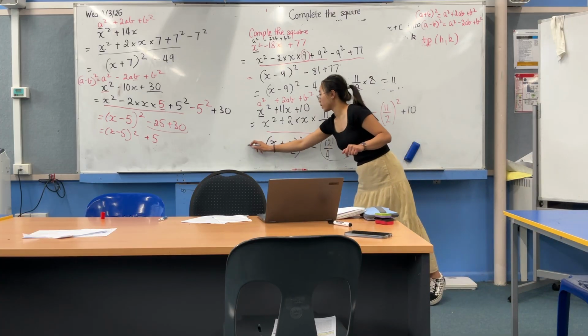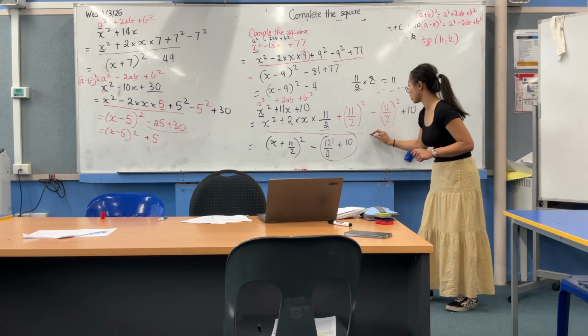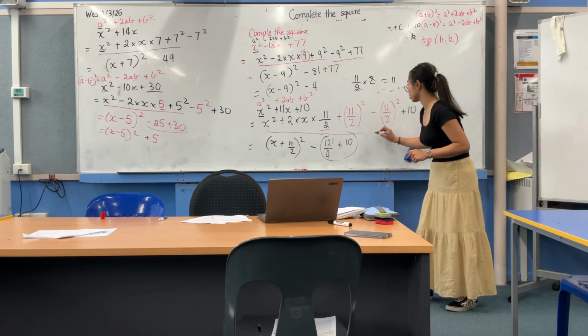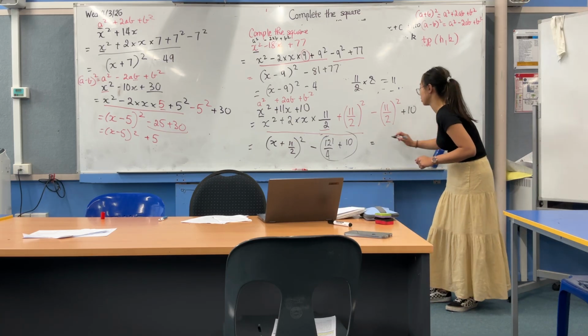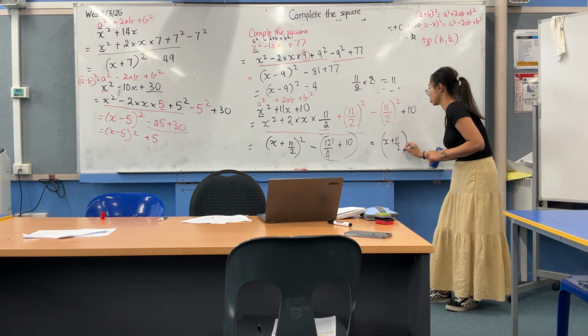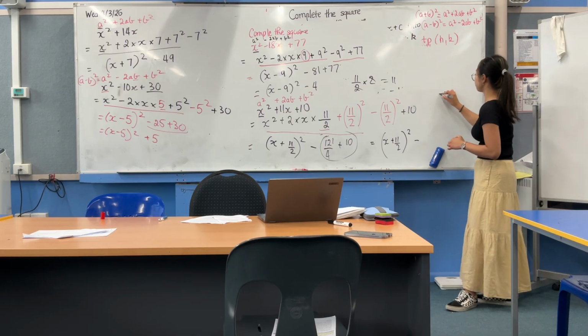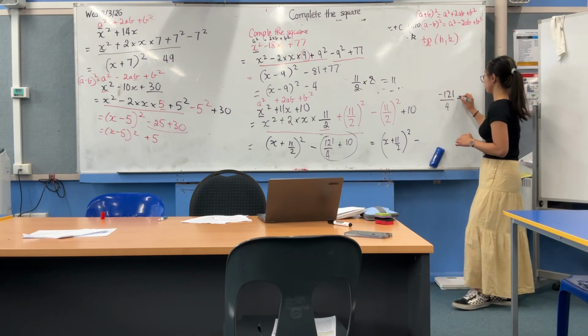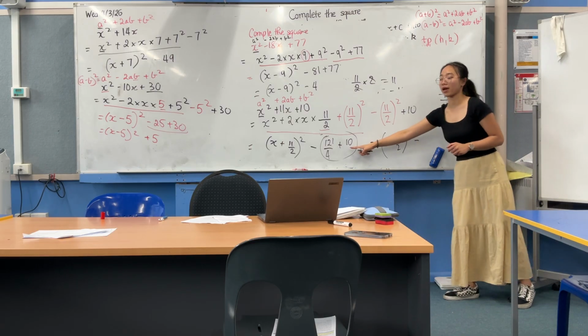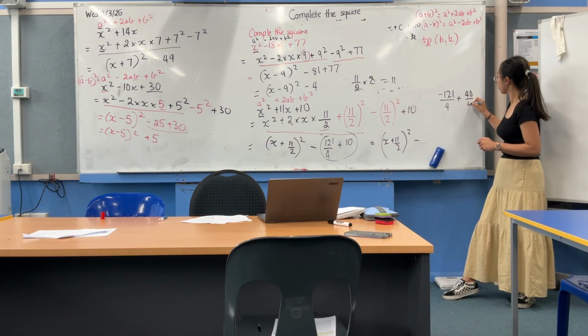So far you have completed the square already, but you just need to simplify that. So that will be equal to (x plus 11 over 2) to the power 2 minus 121 over 4 plus, you have to make them have the same denominator, so 40 over 4.